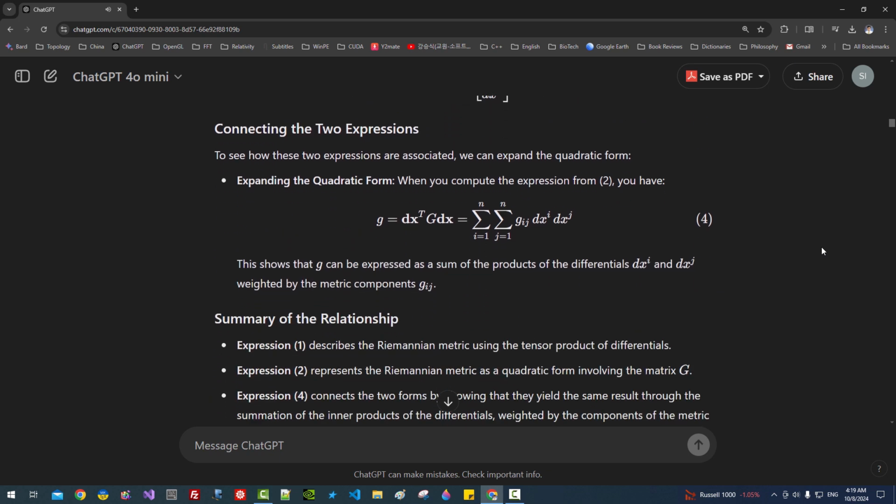To see how these two expressions are associated, we can expand the quadratic form. When you compute the expression from 2, you have g equals bold dx^T g bold dx equals sum i equals 1 to n, sum j equals 1 to n of g_ij dx^i dx^j, tag 4. This shows that g can be expressed as a sum of the products of the differentials dx^i and dx^j, weighted by the metric components, g_ij.